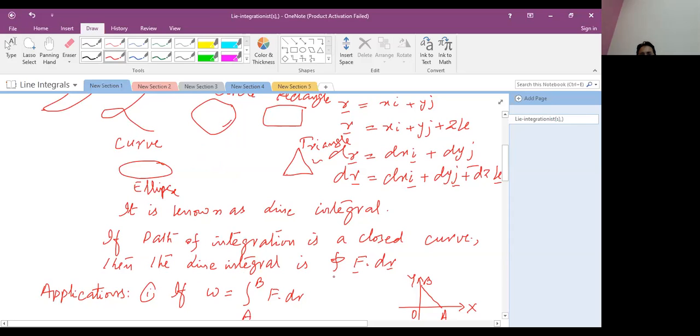Then the line integral is integral over C of f dot dr.